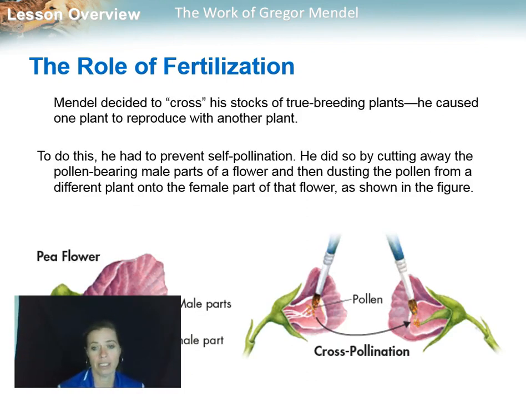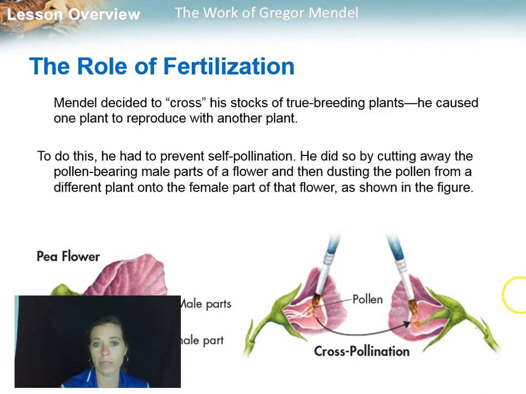The role of fertilization in his experiment was really important. In some plants, he cut out the female organs and just left the male organs, and in some plants he just left the female organs and cut out the male organs. That way he could make sure they didn't accidentally fertilize themselves, and he could control the male to female interaction.